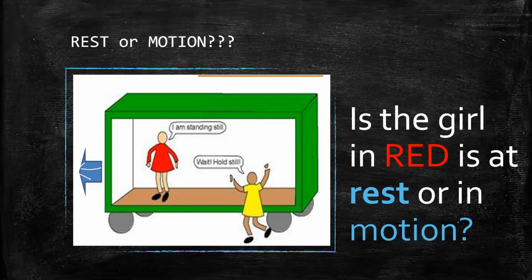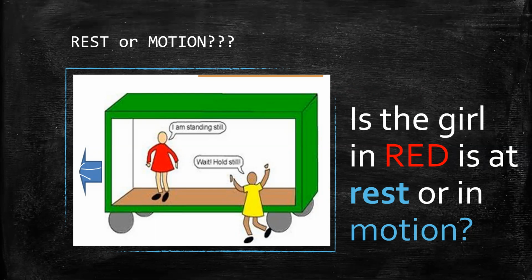In order to describe whether an object is at rest or in motion, we have to specify from where you are observing the object. For example, if the second girl is observing the first girl while sitting in the same bus, the girl is not moving. Whereas if the second girl is observing the girl from the ground, the girl is in motion.